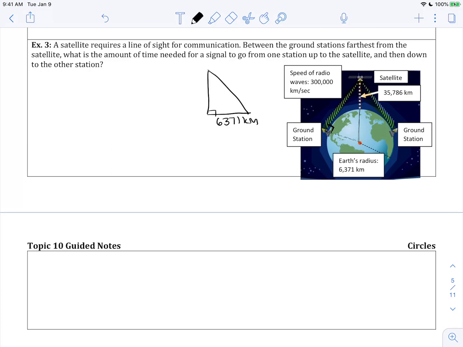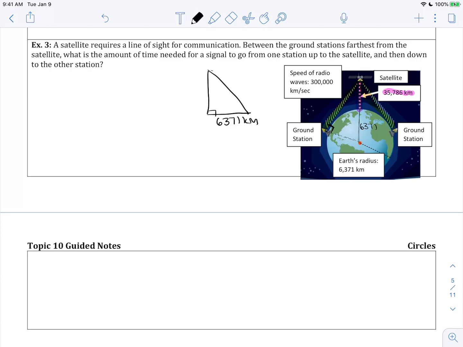Well, we know this distance right here is 35,786. And we know the Earth's radius is 6,371, right?